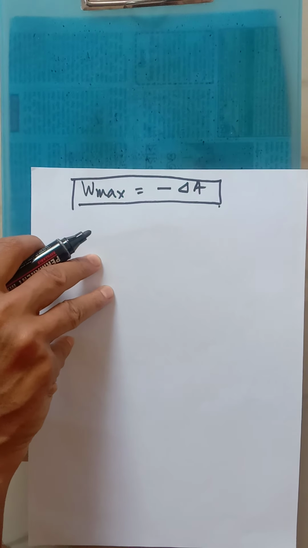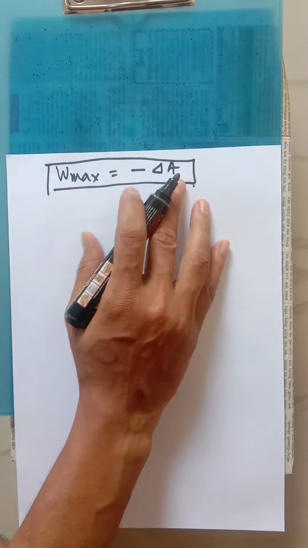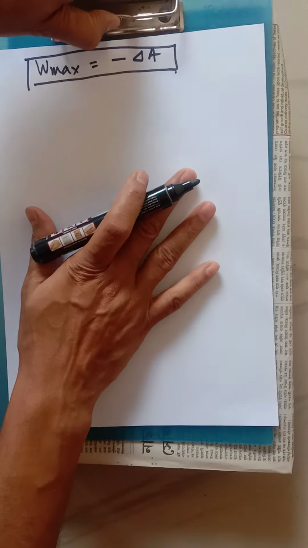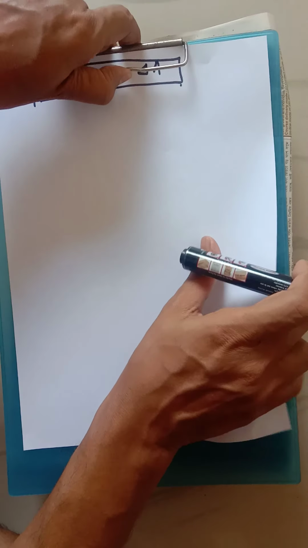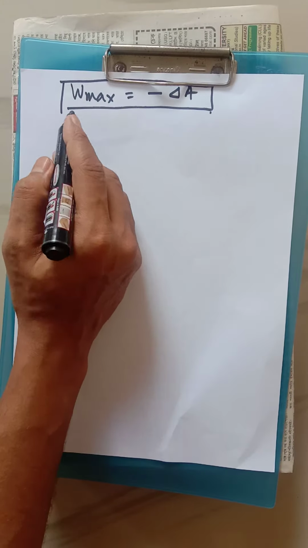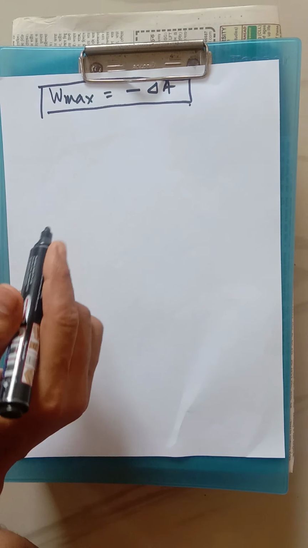That means A is the thermodynamic property which denotes the maximum work obtained.